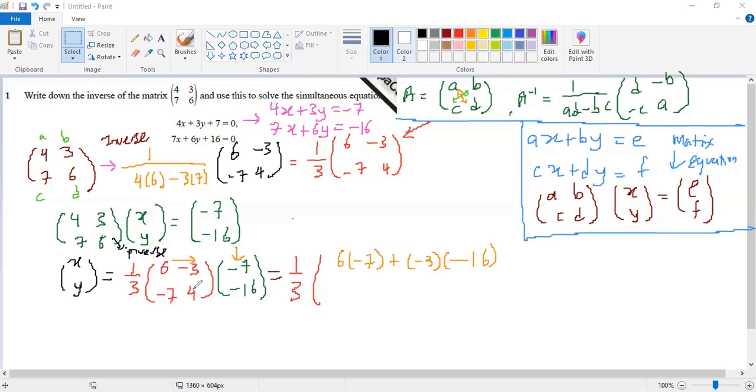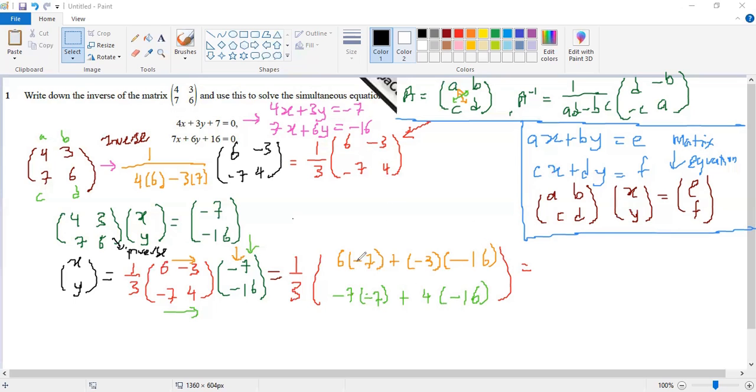Then let's go for the row below: negative 7 and 4 multiplied this way, negative 7 multiplied by negative 7, and plus 4 with negative 16. So let's simplify in the bracket.